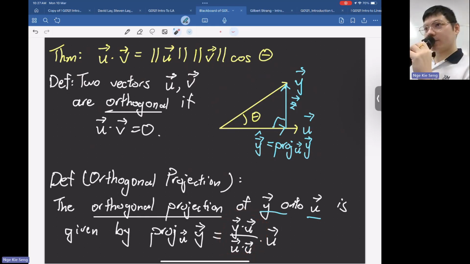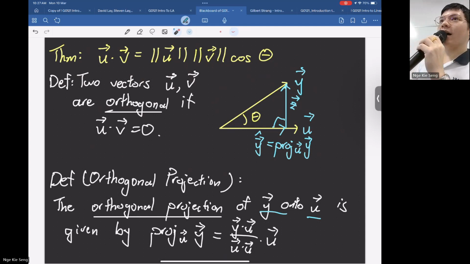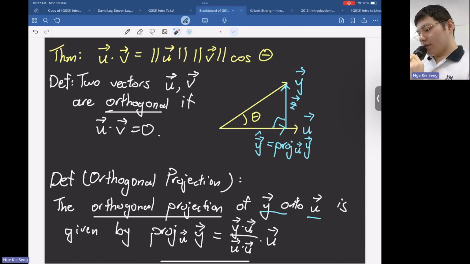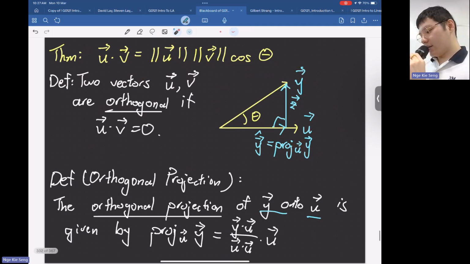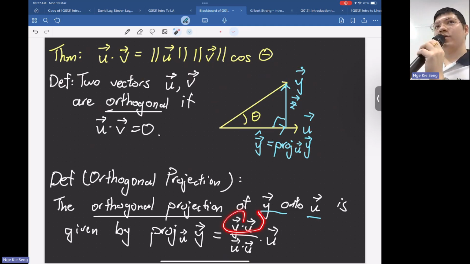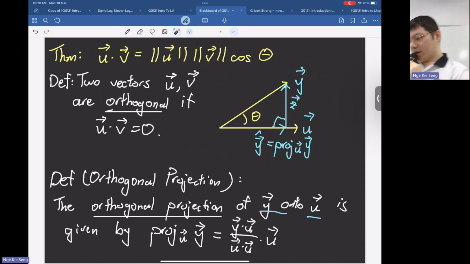If you're going to project your y onto your u, you simply take y dot u, and then you divide by the length of u squared, and this is the scalar you need. Does it make sense?